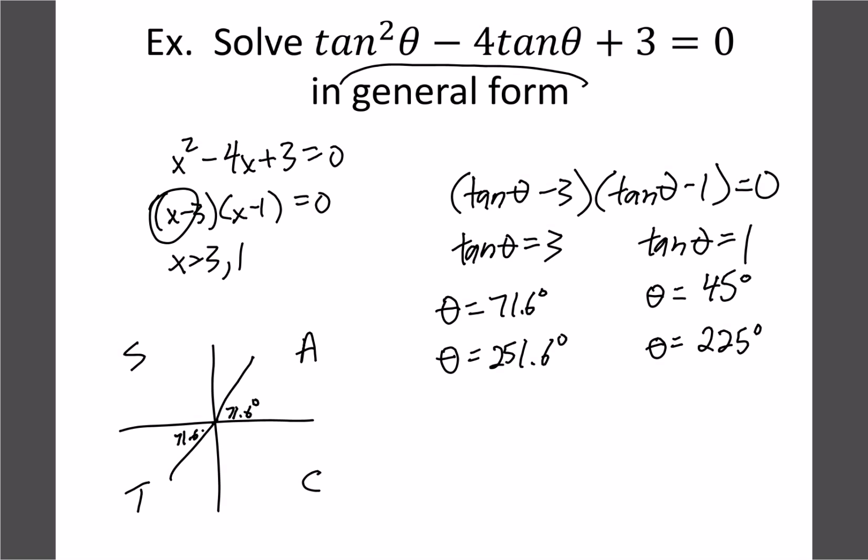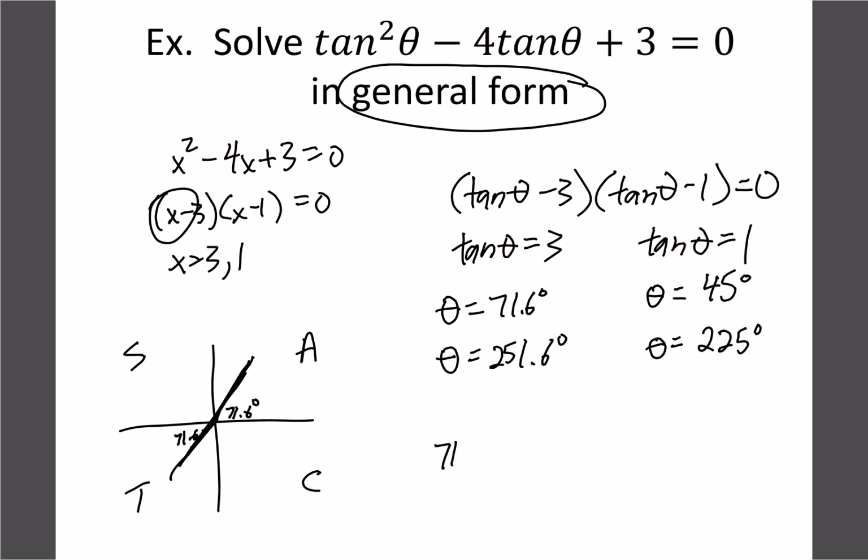And this one we want in general form, so we'll just leave it in degrees this time. In degrees in general form, we'd have 45 degrees plus 360, 225 plus 360, but once again, because it's a tangent, these lines end up being straight across, so we can simplify it down to just 1.